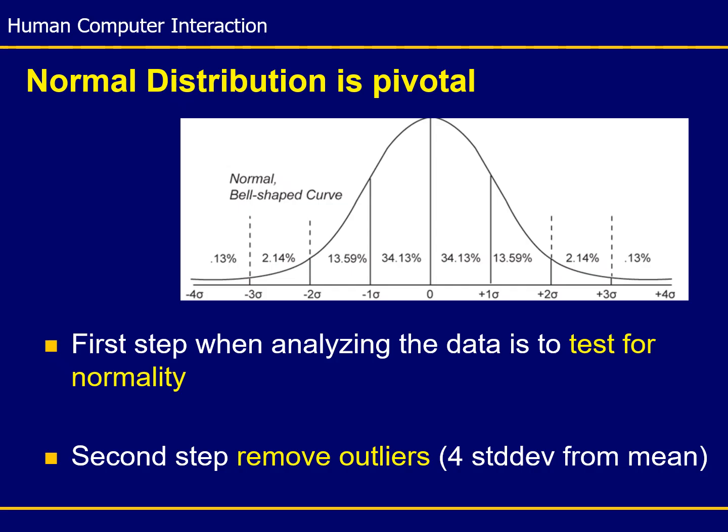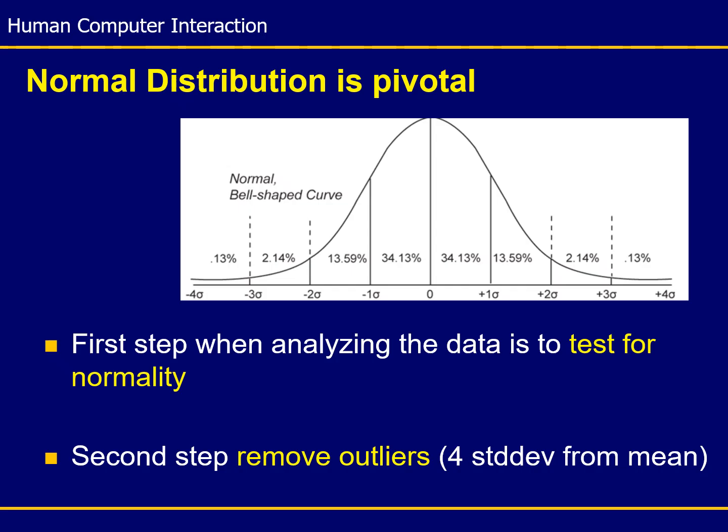If you pass the normality test, this means your data is normally distributed. So we're happy. We move on to the next step, which is to remove outliers. Now, outliers are values that are far, far away from the mean towards the extremities of the curve. And usually they are measured as the mean plus or minus 4 standard deviations.